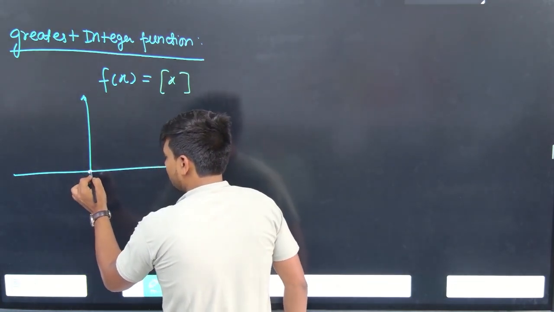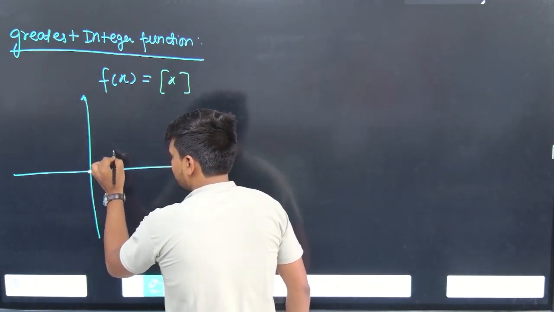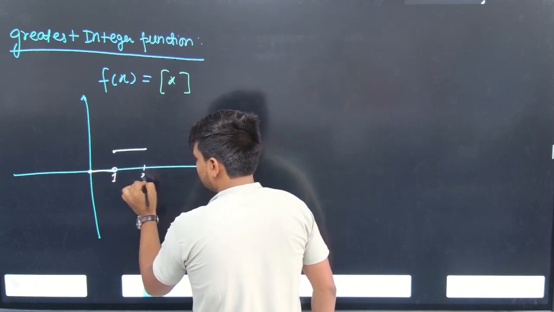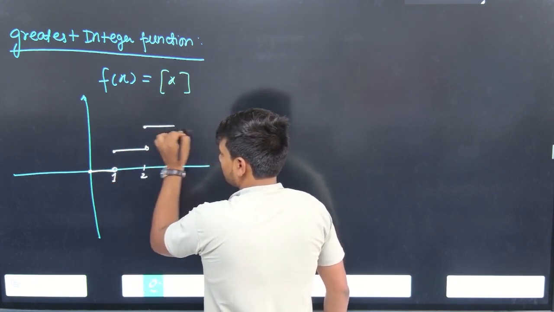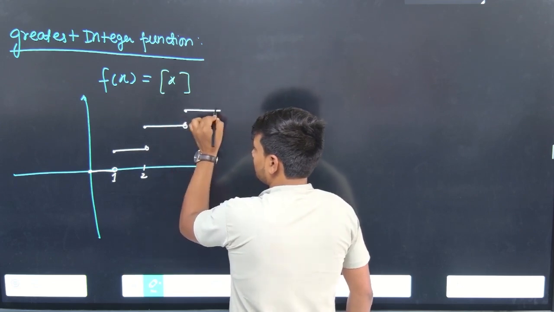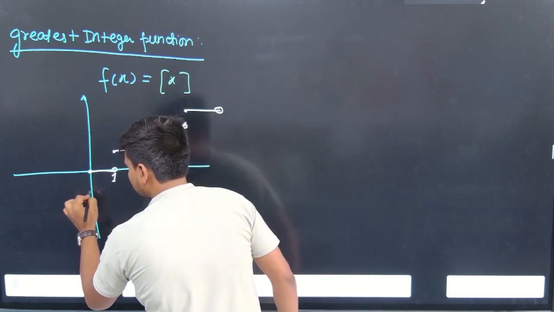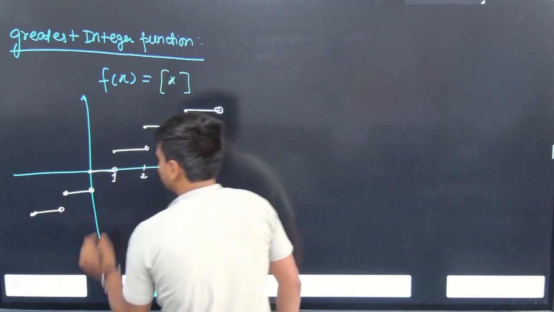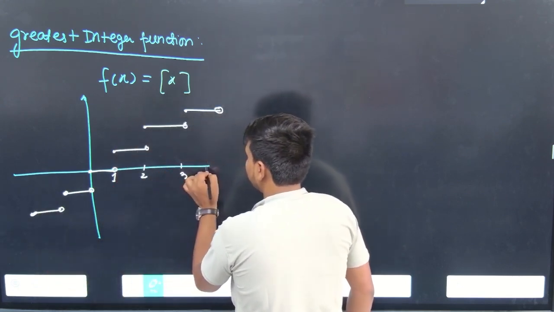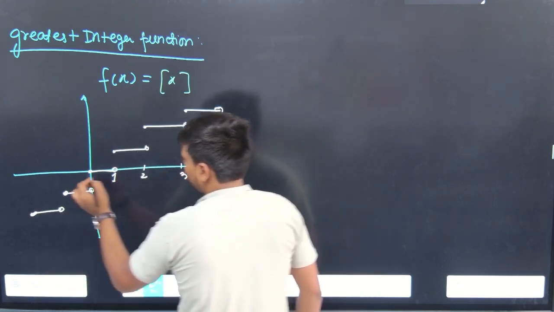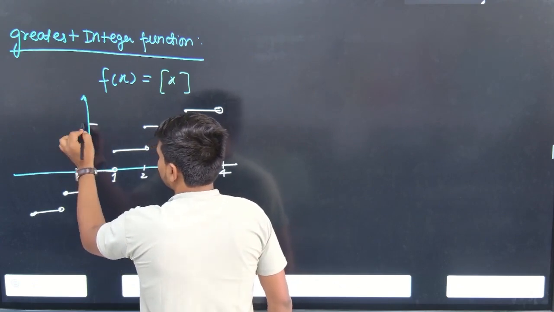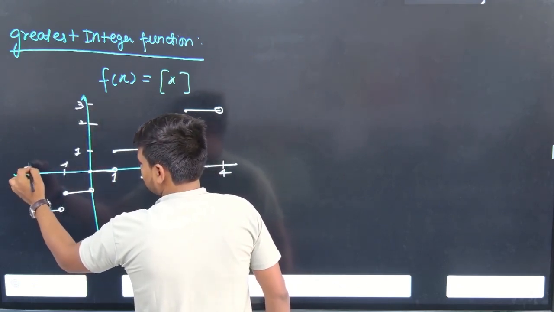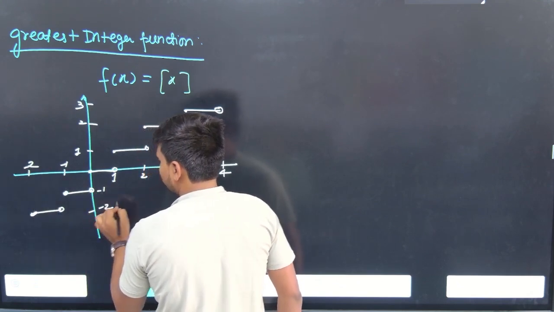At 0 it is 0, at 1 the point is missing, then 1, 2, and so on: 1, 2, 3 and 4 on the positive side, and -1, -2 on the negative side.